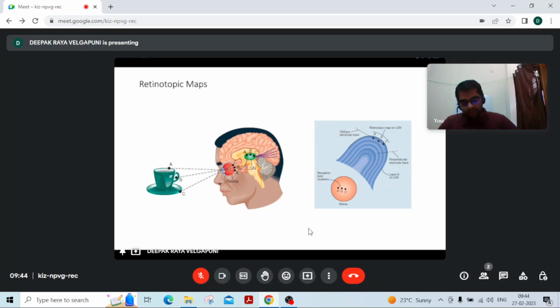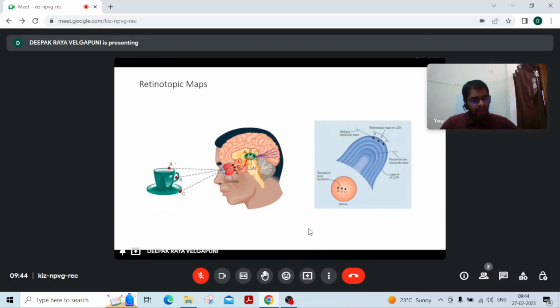For example, let's say you're looking at 3 points on this cup. You have points A, B, C which project onto your retina like this, and each point goes to LGN neurons A, B, and C. This forms a correspondence between the point on your retina and the point in the LGN.